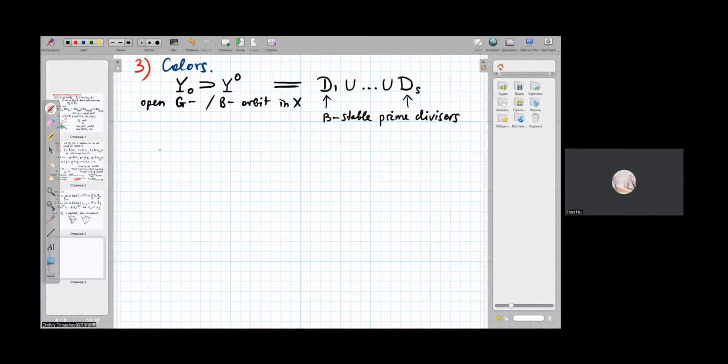And now the set of colors, which I denoted as D sub X, is just the set of prime divisors in X, which are the closures of these Di.